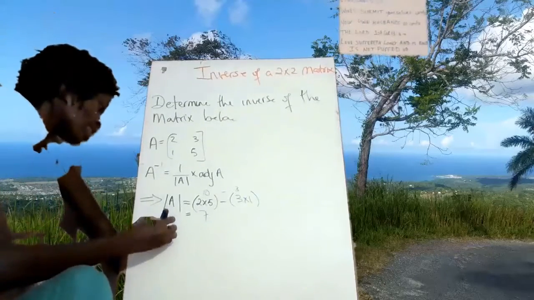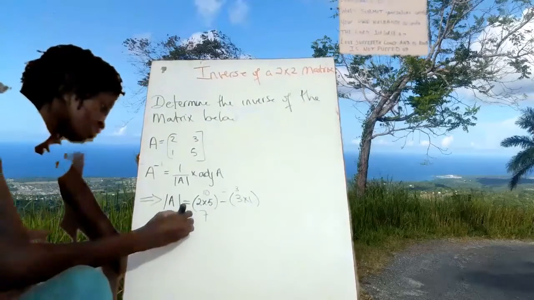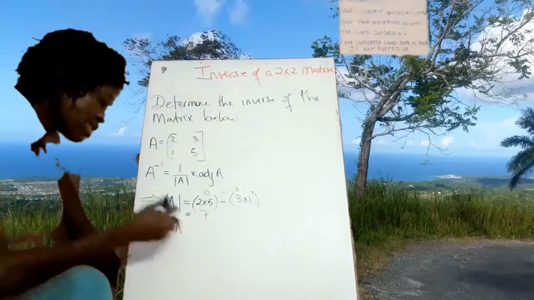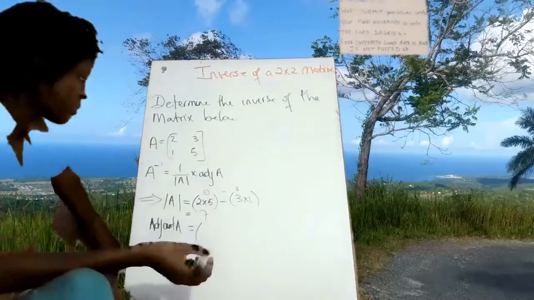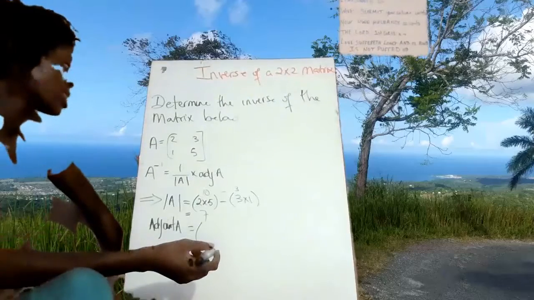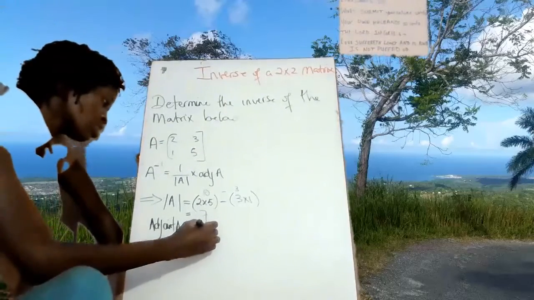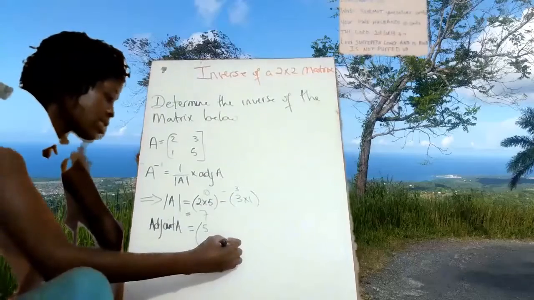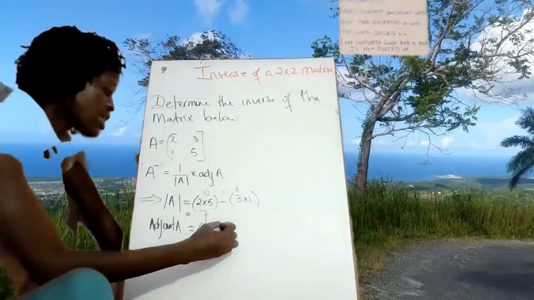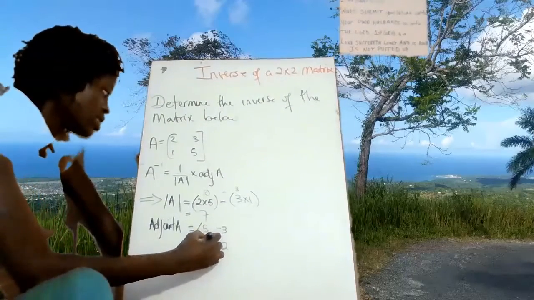Then find adjoint A. Adjoint A is simply switching the leading and changing the signs of the non-leading.